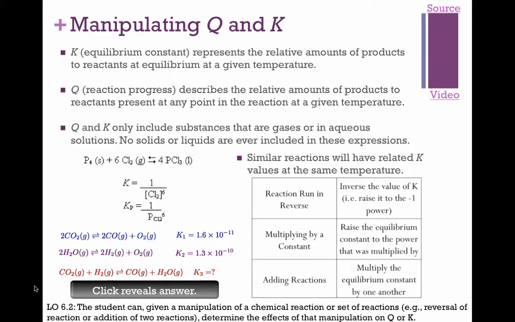We said products over reactants, and then what you're seeing here is how we manipulate Ks. So this is like Hess's law for equilibrium constants. If you multiply a reaction by 2, instead of multiplying K by 2, you square it. What if we need to flip a reaction?